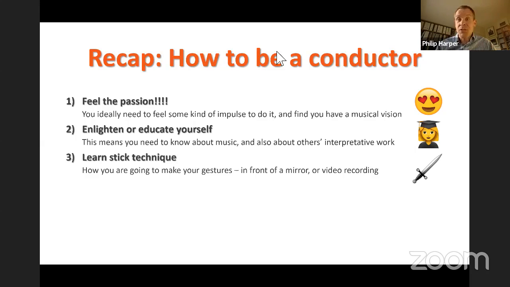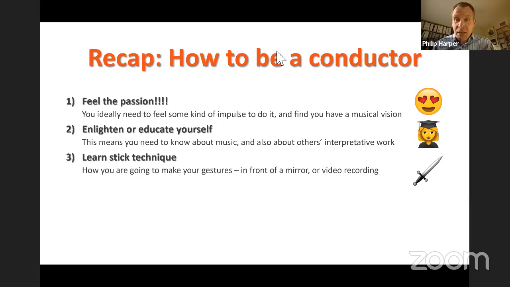The third part of that was to learn some stick technique. In other words, how as a conductor you're going to make your gestures, what movements you're going to use with your hands. I suggested that this was best done in front of a mirror, which is how I did it when I was learning my stick technique over the course of about a year, so regular sessions in front of the mirror.